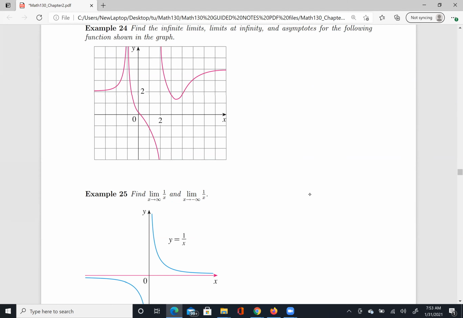Find the infinite limits, limits at infinity, and asymptotes for the following functions shown in the graph. Okay, so let me try to figure out the limits at infinity first.